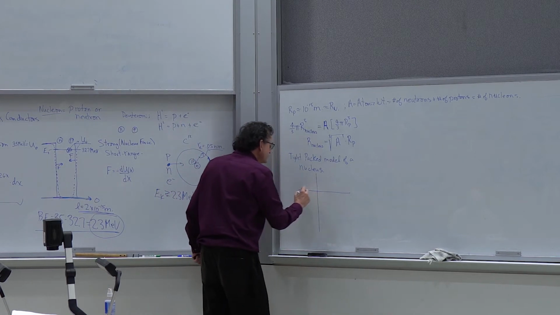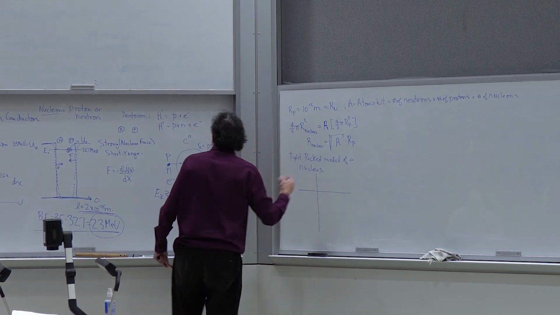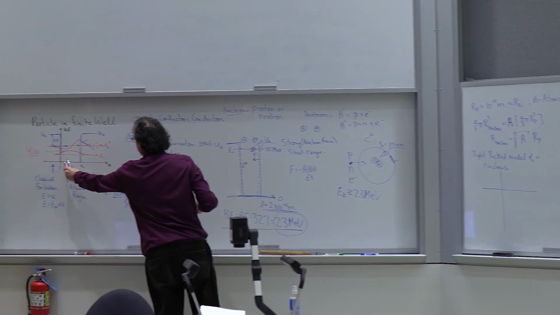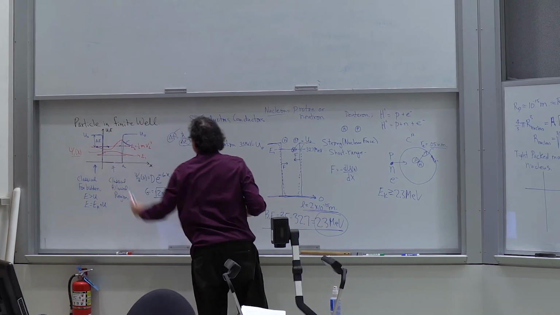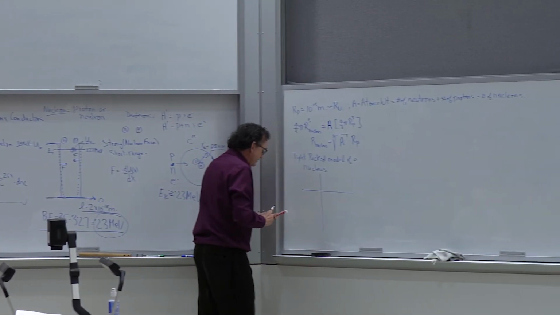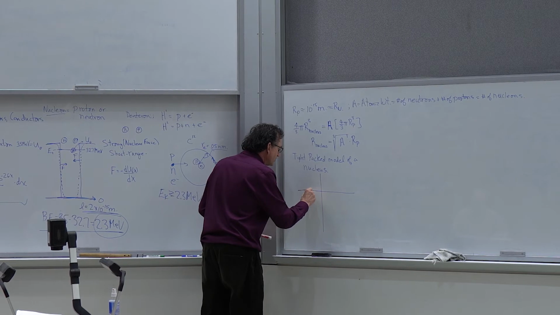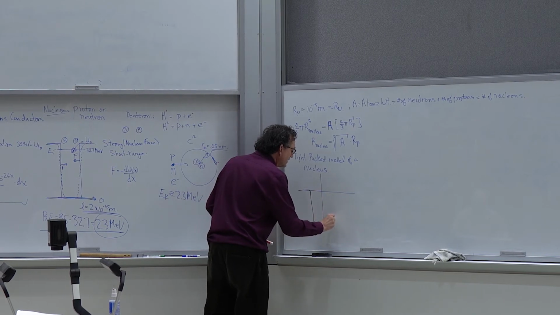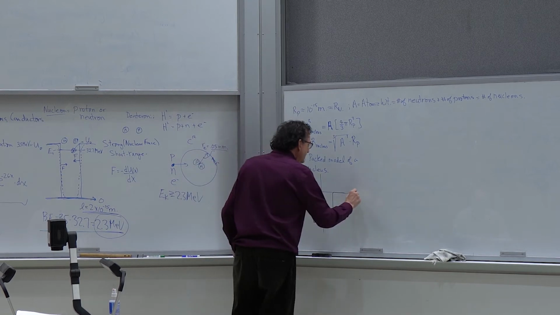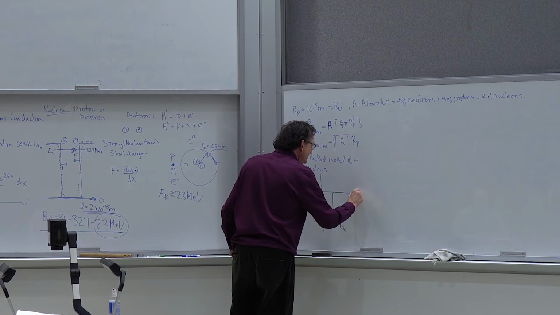Instead of placing the top of the potential at a very high number and the potential where the particles are likely to be found at 0, I can equally well draw the potential function as something that starts at 0, goes negative, and comes back up. In this case, this would be minus U0, and this would be 0.